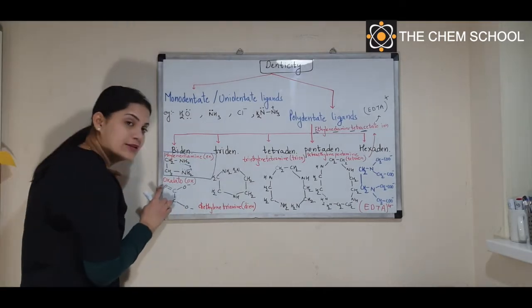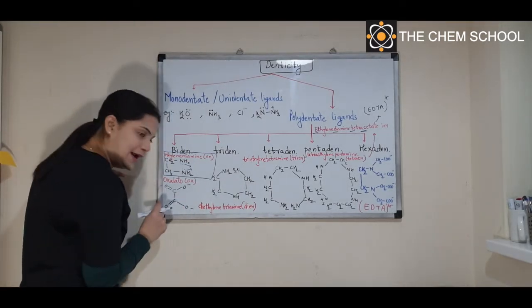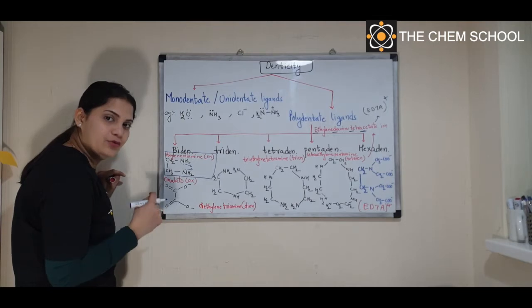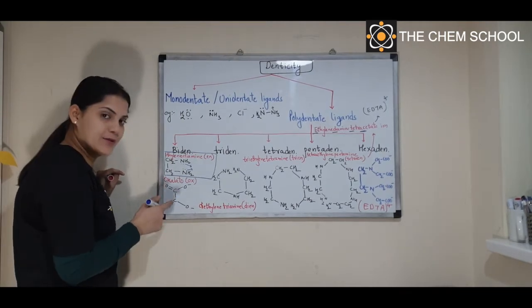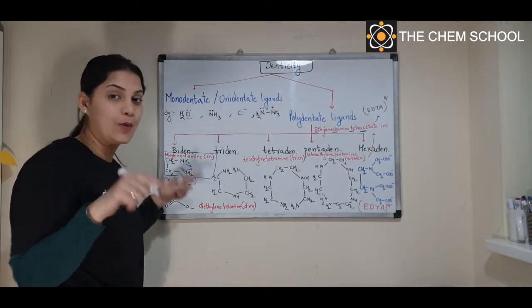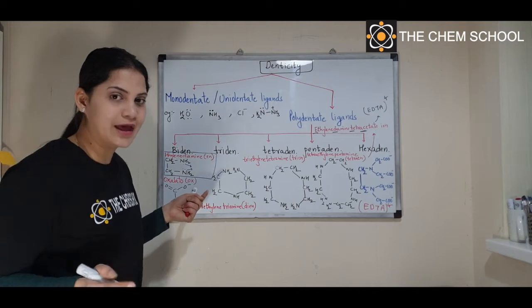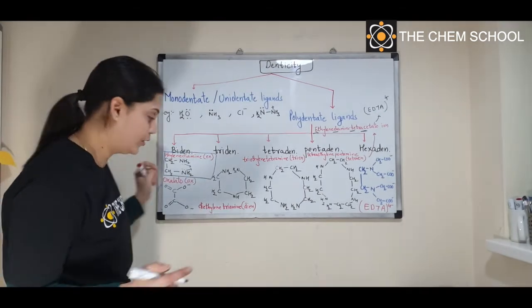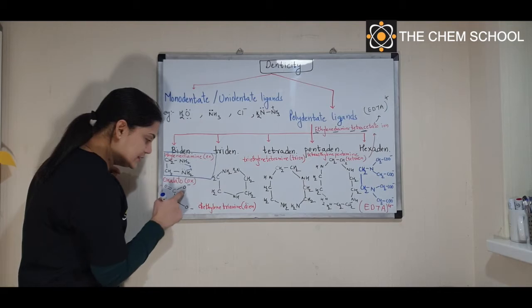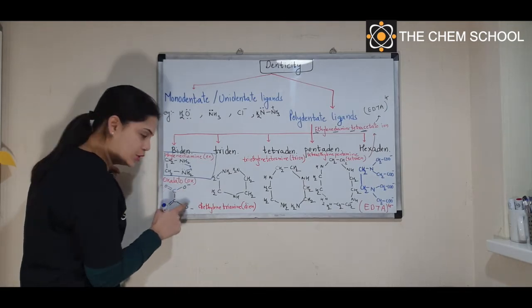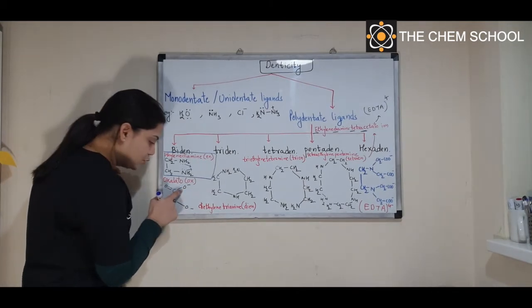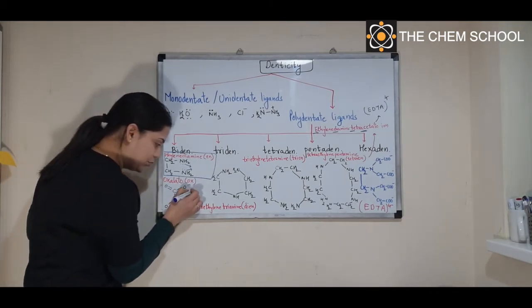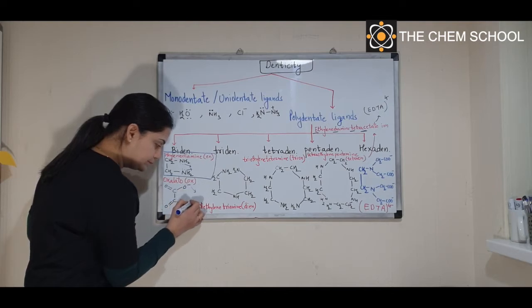The next one, oxalato. Oxalato is nothing but oxalic acid. If you just remove the protons, you will get this. So COOH twice is oxalic acid. Just remove the H, you get oxalato or oxalic acid ion. Now you can see in this you have O minus because the H has gone from here. So you can see that this is the one that is going to get donated.